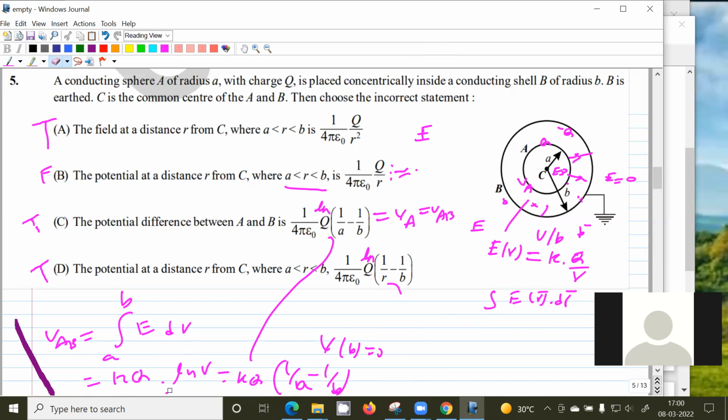If it is unearthed, then what you said is correct, sir. Option B is incorrect. But if it is earthed, then only shell B will contribute to the potential.